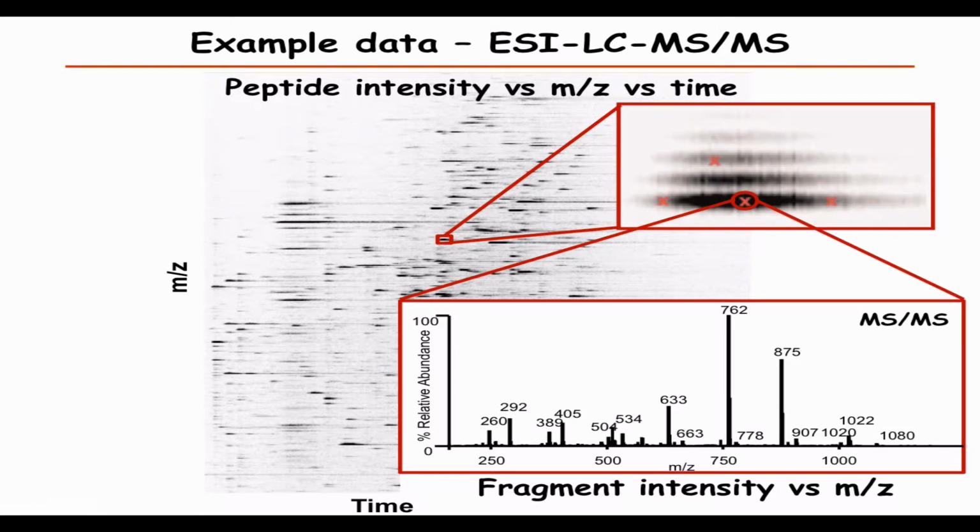From there, for each of those, we get a fragment mass spectrum. So as you see, there are several dimensions to this: we have the time, we have the peptide mass, and we have the peptide fragment mass. And we measure intensities in this space.